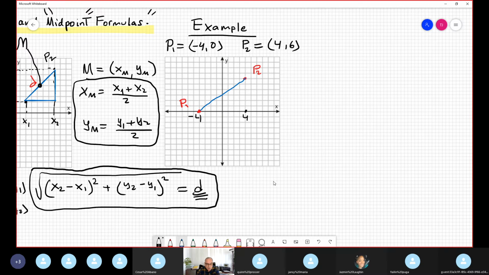So in other words, what is the length of this segment? It's obvious it's 8, no? So you apply the formula, it says square root, and you're subtracting the x components. It doesn't matter the order. Suppose 4 minus -4, no?